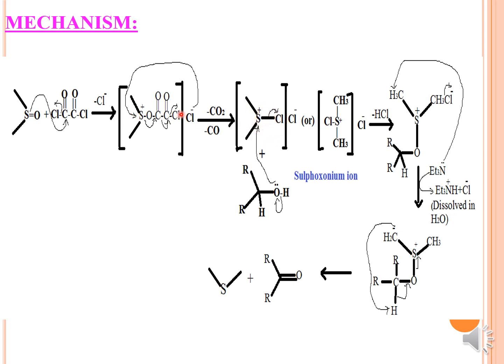Chlorine is not getting cleaved out; it is forming a complex. So here we are showing the arrow, and there is a formation of your complex molecule. And then there is the attack of your substrate, that is your alcohol. The oxygen present in the alcohol will go and attack the sulfur atom.